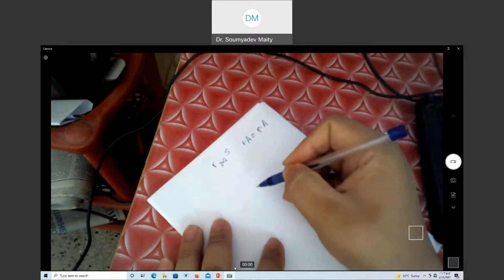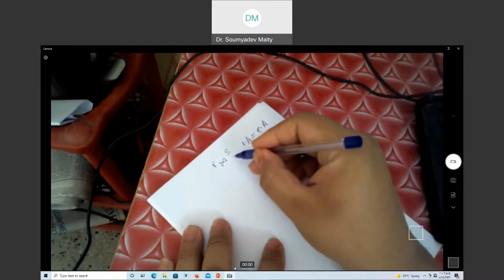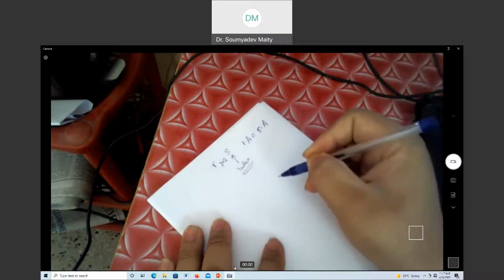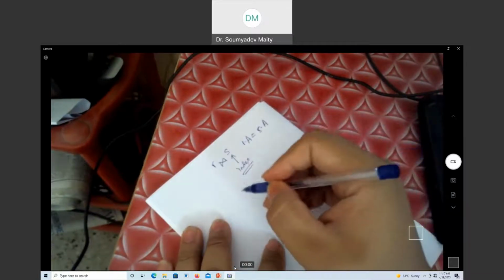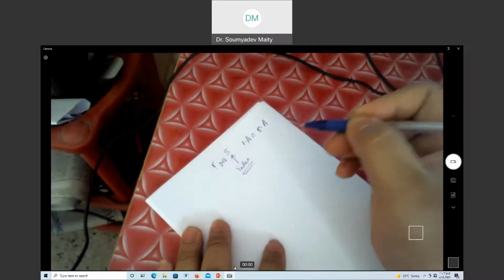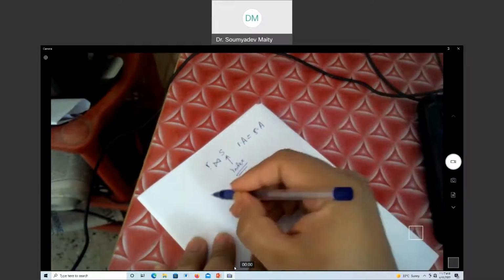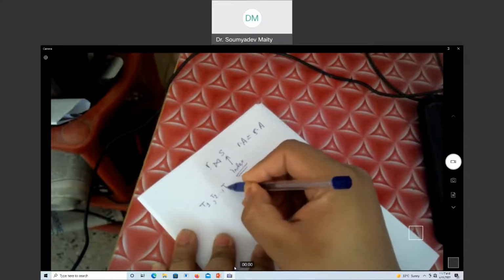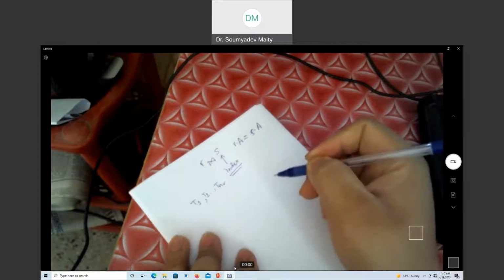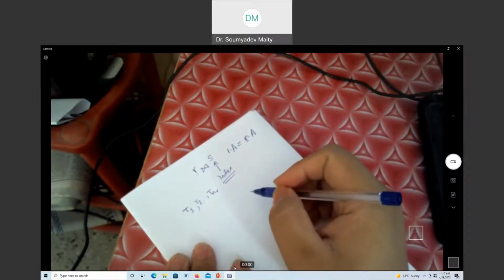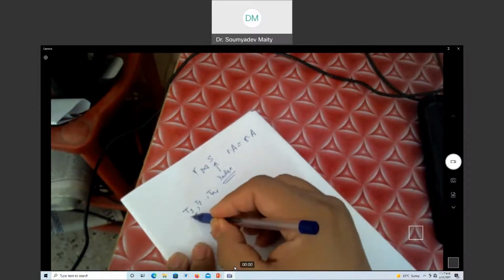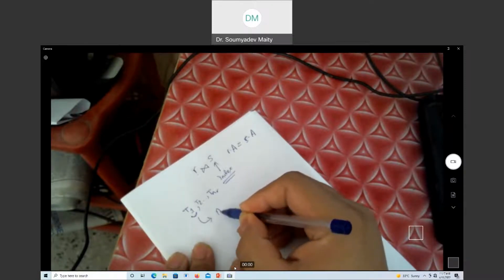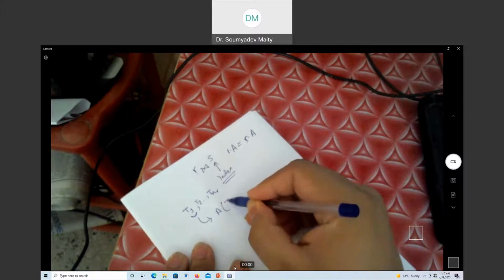So how can we perform this if we have an index on the inner relation S? What we can do is pick each tuple of relation R, say T1, T2, in this way, up to Tn if n number of tuples are there in the outer relation. We pick each tuple, suppose T1, and then check the value of the attribute A in that tuple.